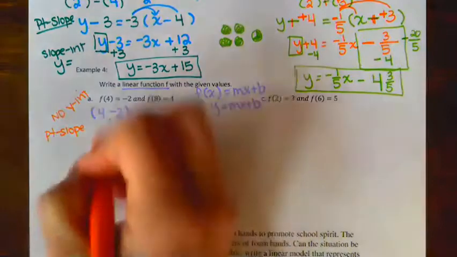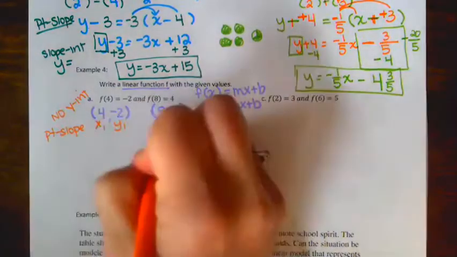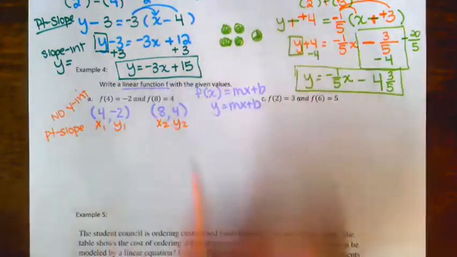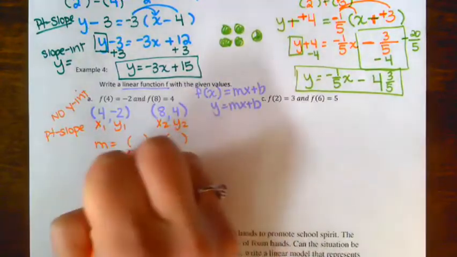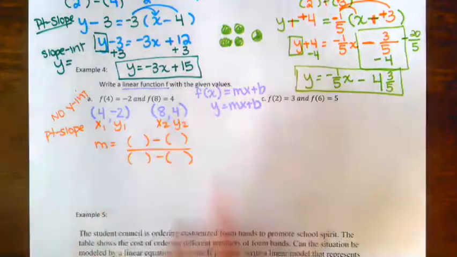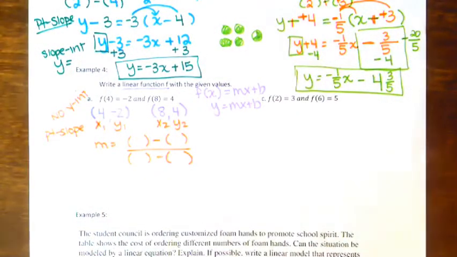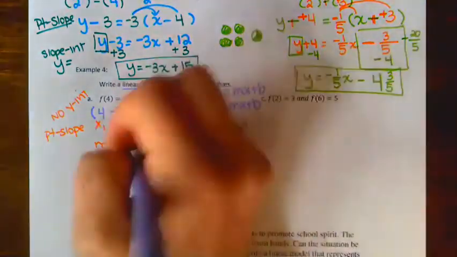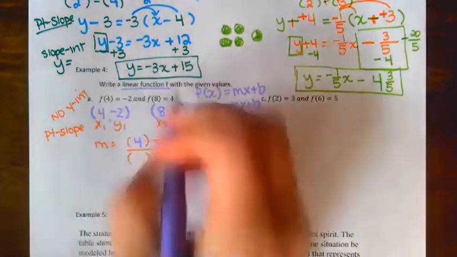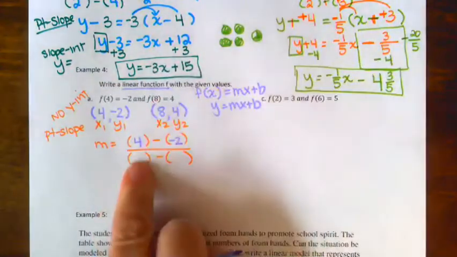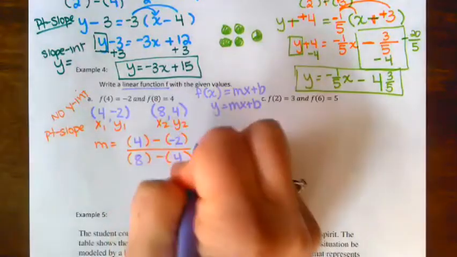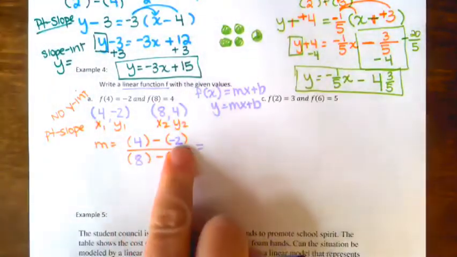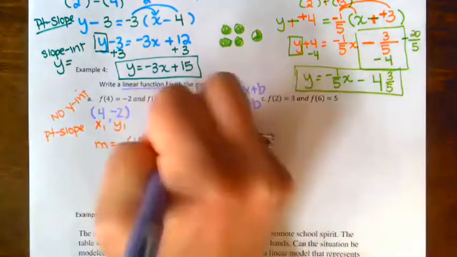Okay, so let's go ahead and find my slope. No matter what, if you notice, we always have to find slope first. So m equals y2 minus y1 over x2 minus x1. Okay. So y2 is 4, y1 is -2, x2 is 8, and x1 is 4. 4 minus a -2, 2 negatives make a positive.